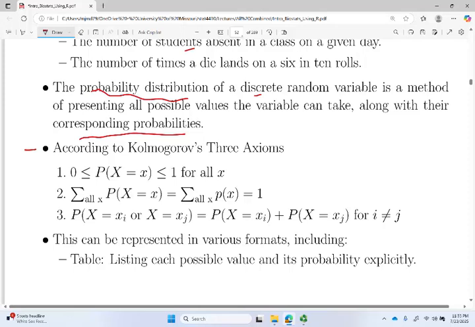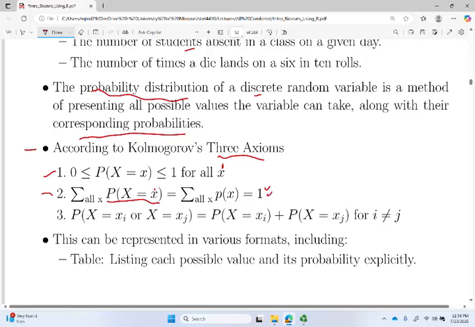Discrete random variables must all abide by the 3 axioms of probability. One, all probabilities must be between 0 and 1, for all values that it can take on. Two, the sample space must add to 1, so the probability that something happens is 1. You can think of it as the probabilities that the random variable takes on x, summed over all possible x, is 1.